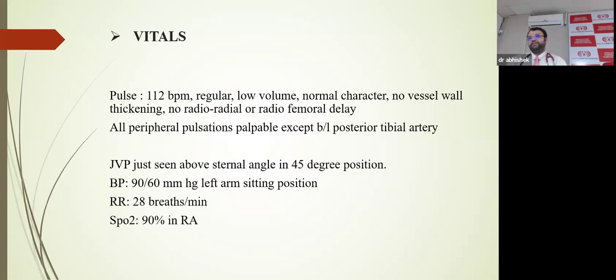But if it goes from baseline by more than 30, or the overall heart rate has gone beyond 120, then we consider this as postural orthostatic tachycardia syndrome. In the recent scenario, POTS has become a little more highlighted because of COVID. So patients with post-COVID syndrome very frequently used to have this postural orthostatic tachycardia syndrome.